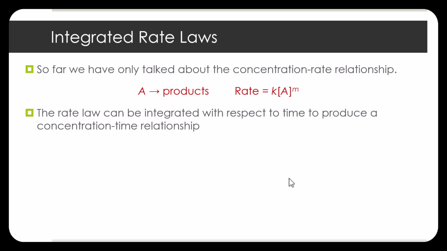If we can manipulate these formulas, so this one right here, and give us a relationship between maybe concentration and time, that might be a little bit more tangible for us, right? So I change the concentration and yeah, it goes faster, it goes slower, but how fast is fast? How slow is slow? We don't really have a grasp of that.